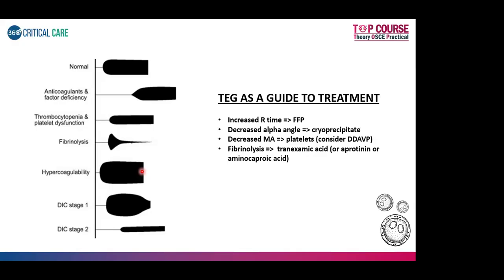For such cases, we use DDAVP. Usually it is one of the last resorts we use. So you have to remember that part of it: platelet functionality in combination with von Willebrand factor.